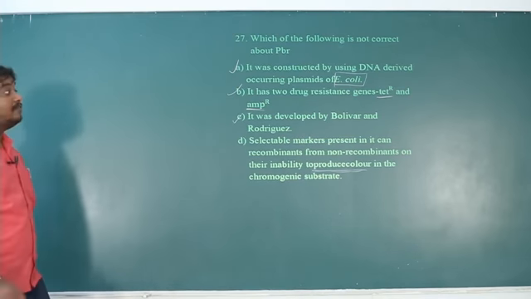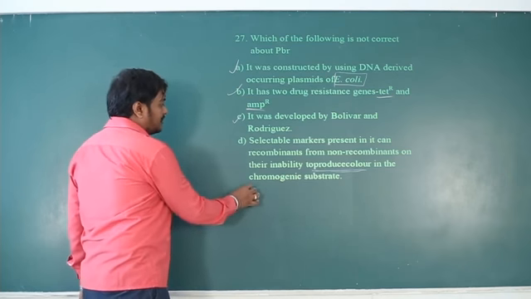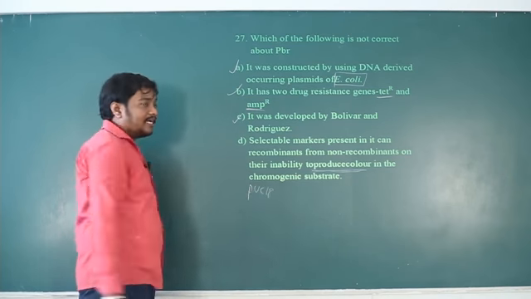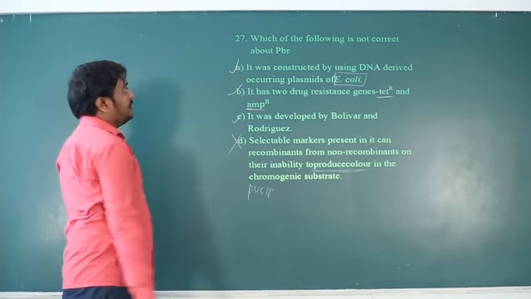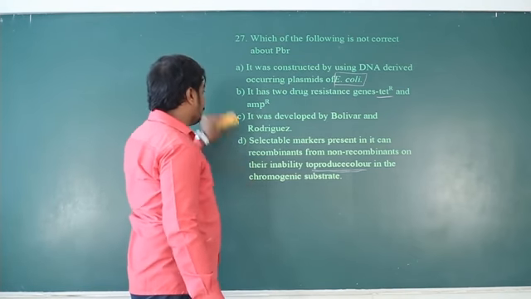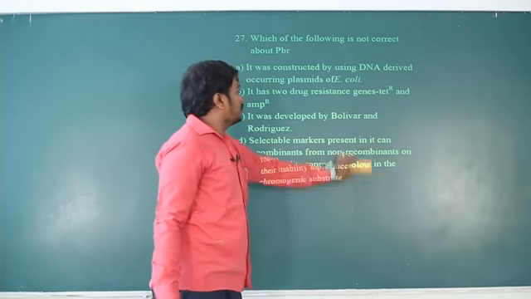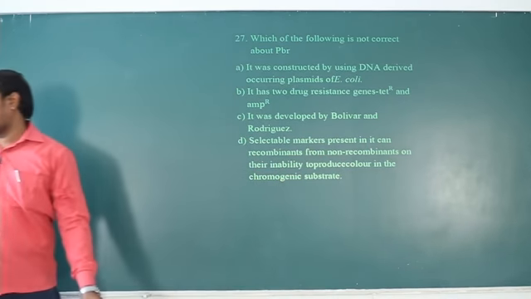Instead, they are antibiotic resistance selectable markers. An example of a chromogenic selectable marker is pUC18. So this one is not correct about pBR322. Okay, next, move to the next question.